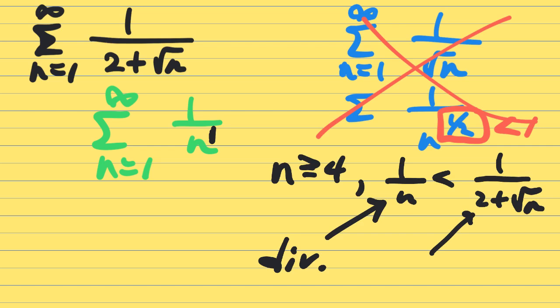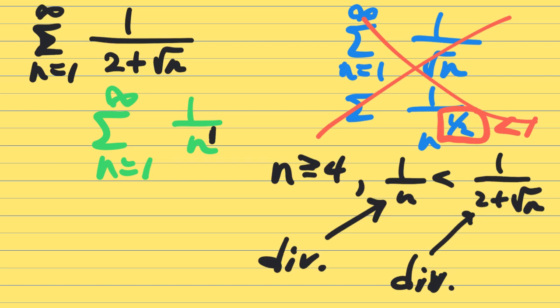But part 2 of our direct comparison test, and that's back from the first slide: if you can get a smaller series to diverge, a larger one must diverge as well. A smaller one diverging means a larger one will diverge also.